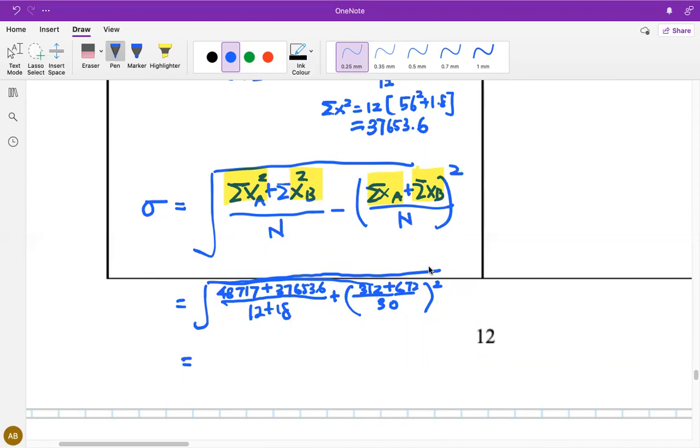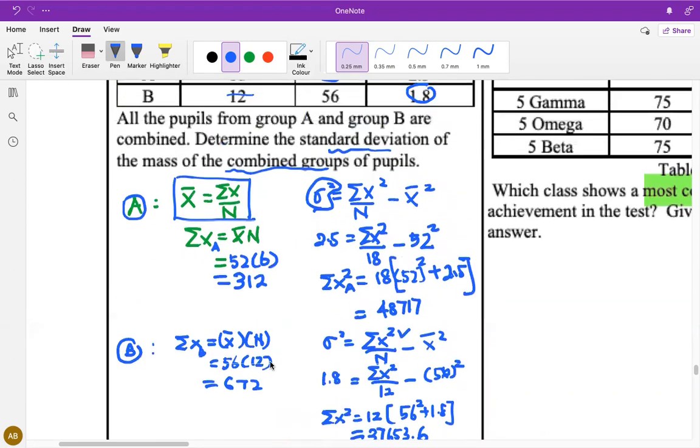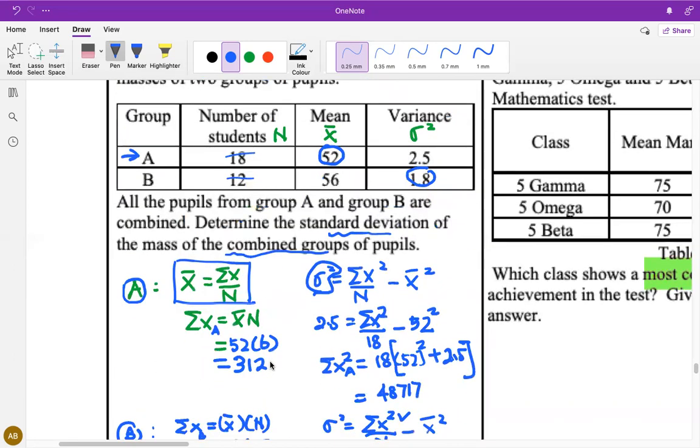Right, and then you square root it. So you get 42.46. Okay. So this is the standard deviation for the combined group A and group B.